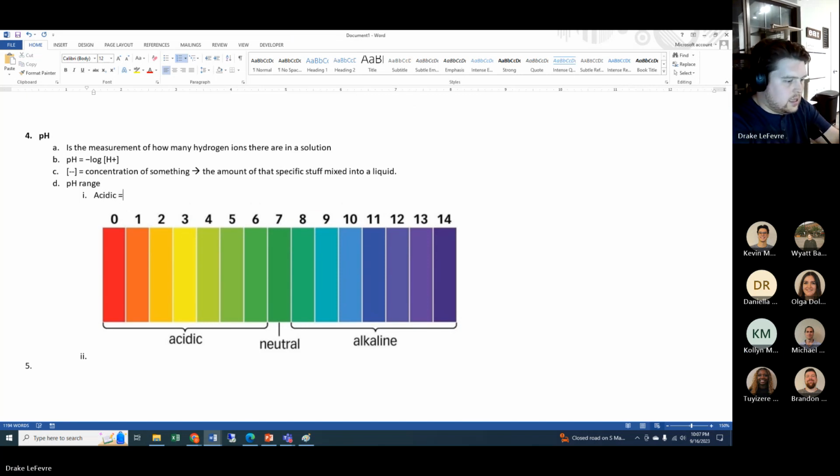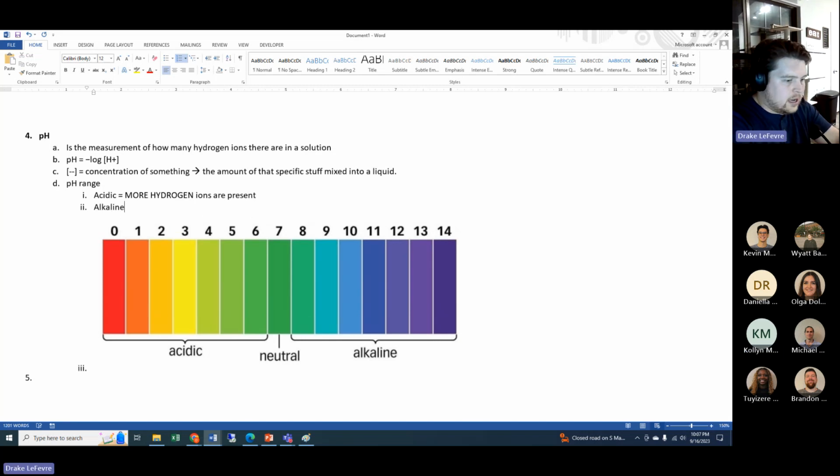Acidic equals more hydrogen ions are present. Alkaline equals basic equals fewer hydrogen ions are present. Okay, and 7 is neutral.